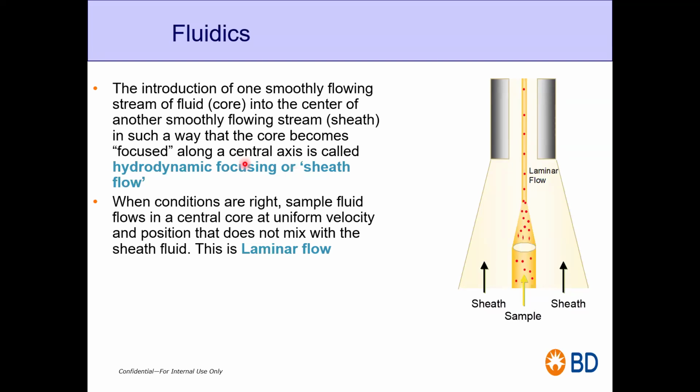Now, as they have told here, one liquid, this is your sheath, and inside that liquid there is another liquid, and no tubing is there. It's just two liquids, maintained in such a way that they keep the laminar flow, and because of the laminar flow, there is a hydrodynamic focusing of that particular liquid which is inside another liquid.